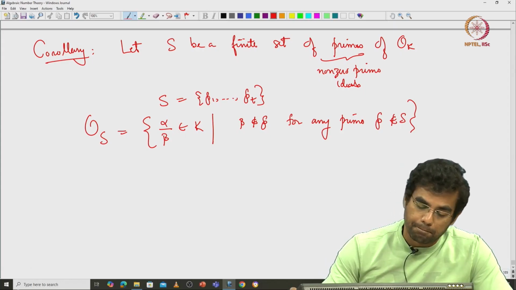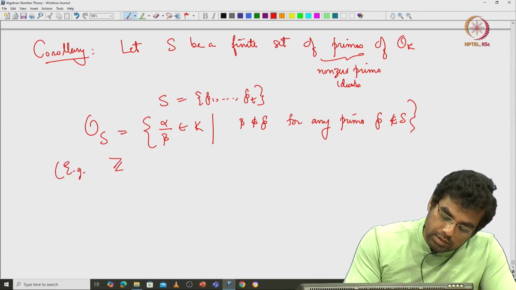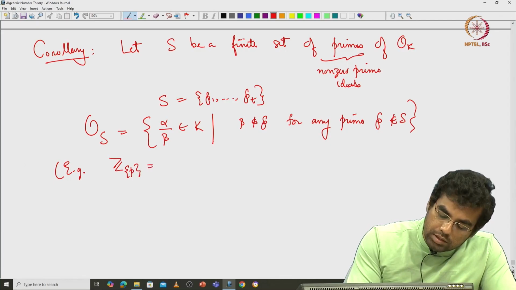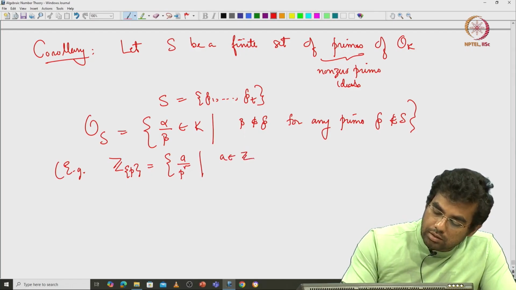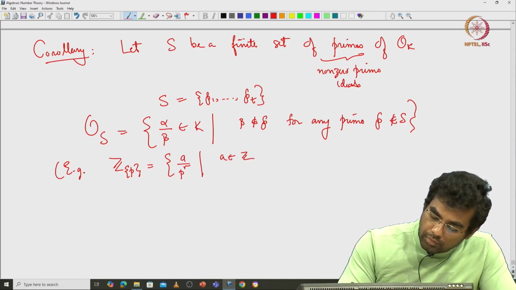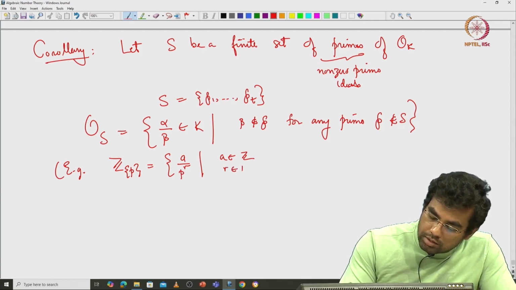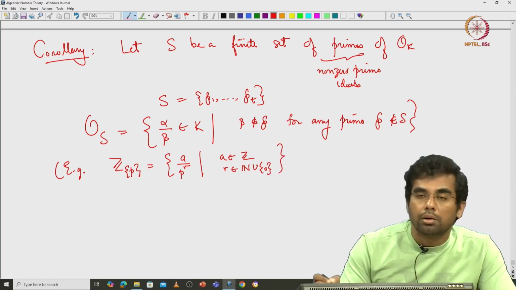For example, Z_(p) is equal to a/p^r such that a is in Z and r is a natural number, including 0, of course.